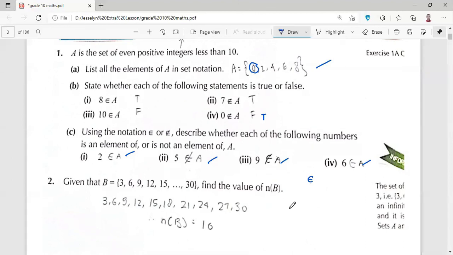From there, you have the complete elements within the set, so we are able to count them. How many elements are found in set B? The number of elements found in set B is 10. Okay, it's 10. That's correct.